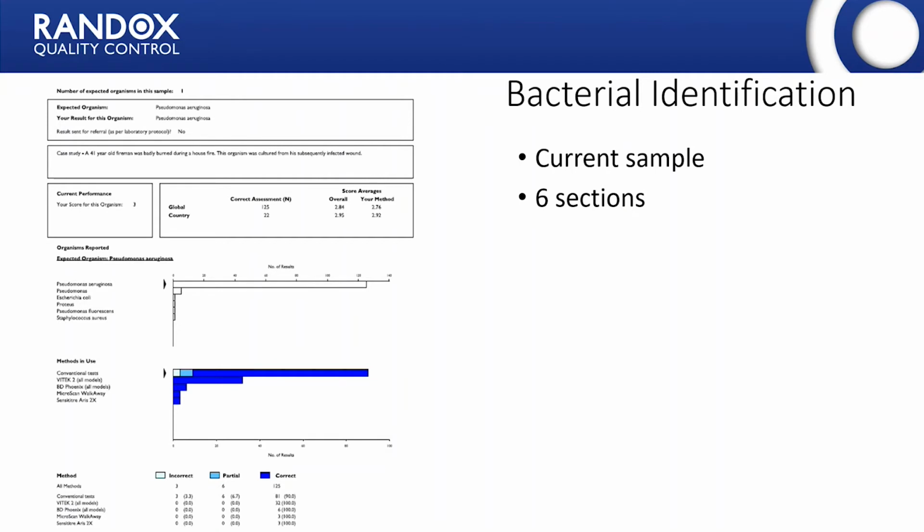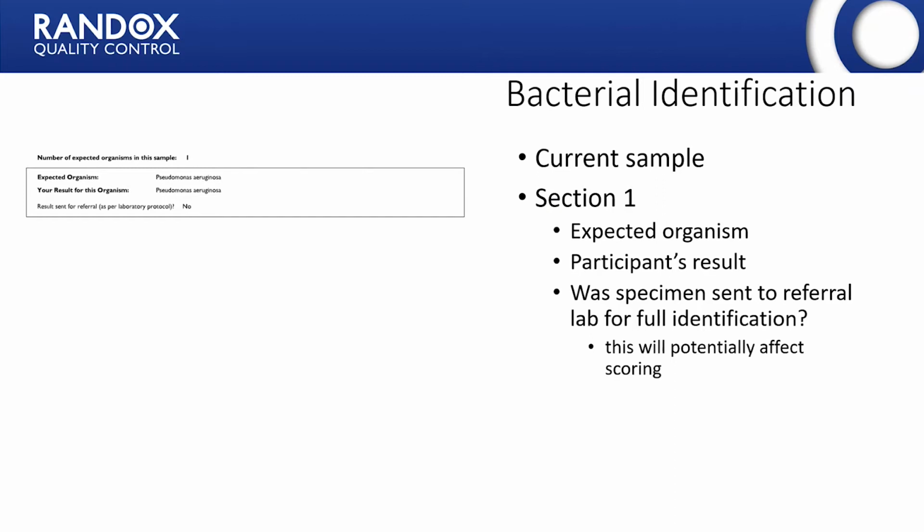So first section is the bacterial identification, basically looking just at the current stats. So very top is we have a line basically saying the number of expected organisms. Now, once again, we're starting off slow with this scheme where we're only going to be providing a single organism per sample.